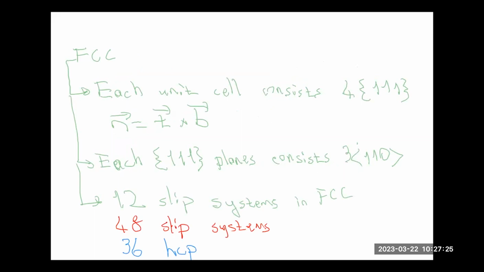So how can it be possible? Think about the dislocations. Think about the movement of dislocations. FCC has the smallest number of slip systems, but it is the softest and the most ductile one. What could be the explanation? Any idea?